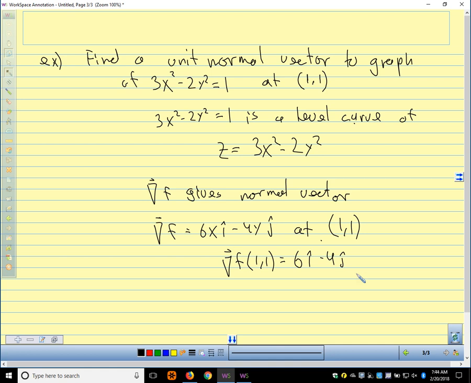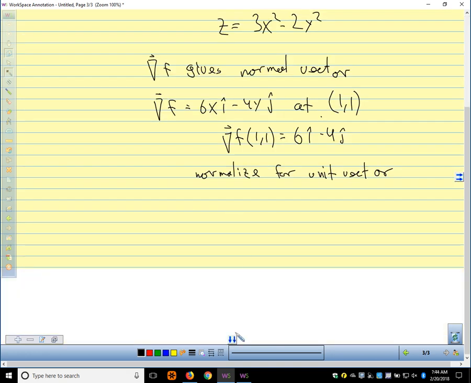We want a unit normal vector. So what would we do? We want to normalize it for a unit vector.